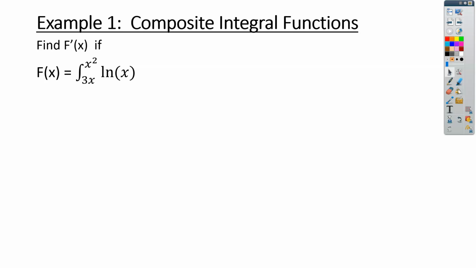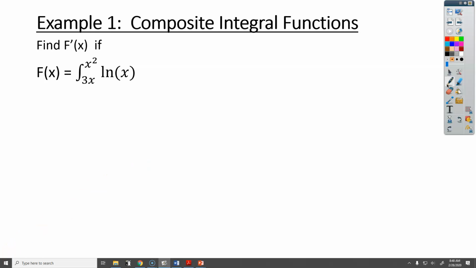All right. So go ahead and write down example 1 here, please. Composite integral function here, and I'm being asked to find its derivative. Now, first of all, if we didn't have these funky, weird things here, let's just ignore that for a minute, and let's write this up on the side really quick on our notes.